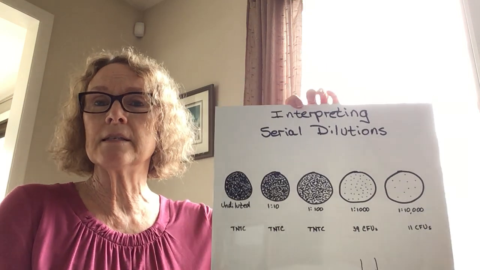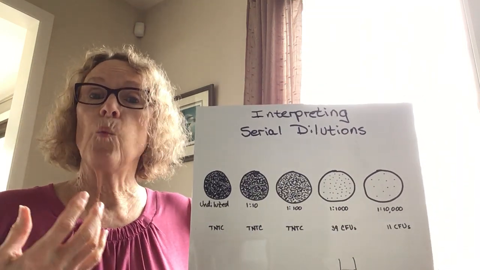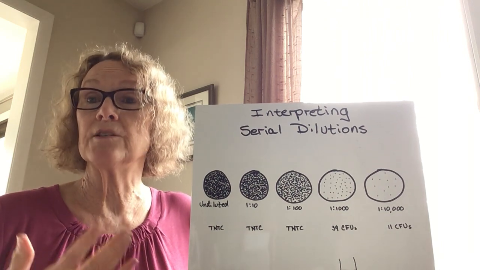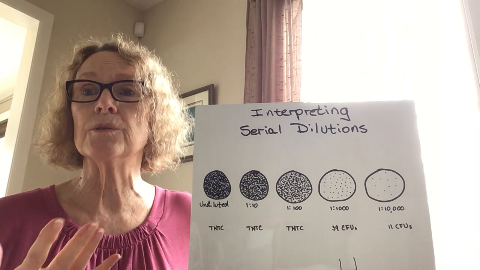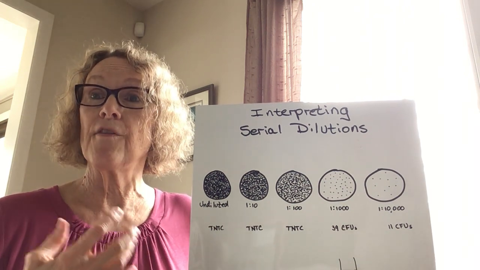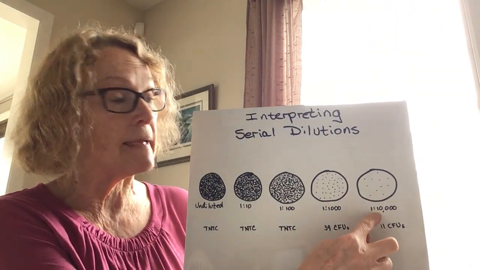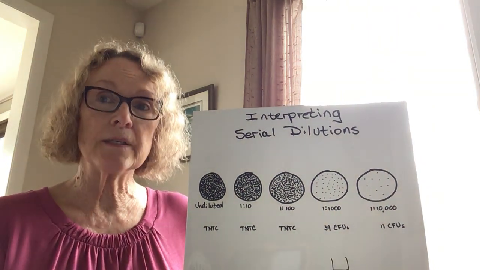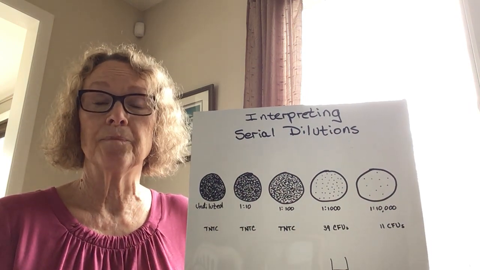So they've done statistical analysis on this and figured out that when there are fewer than 25 organisms on the plate, or some labs do use the level of 30, it's inaccurate to count it. There are too few to use that plate.